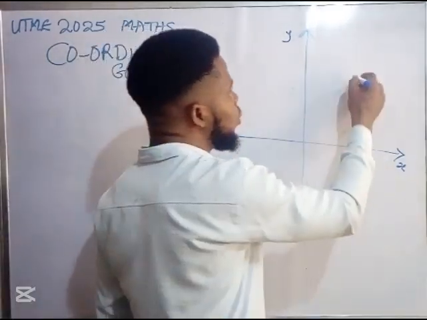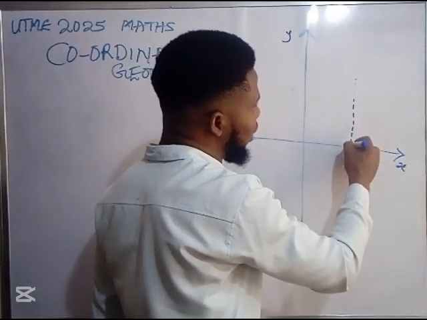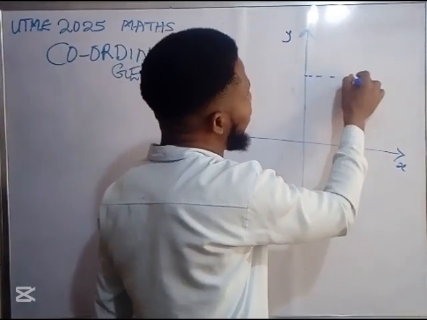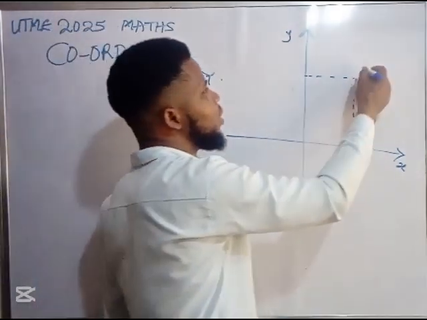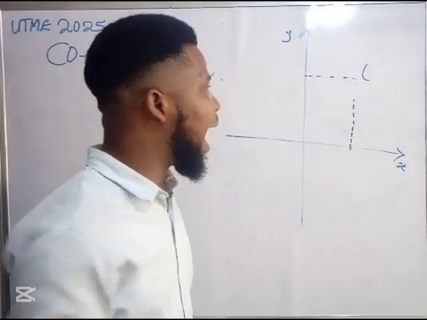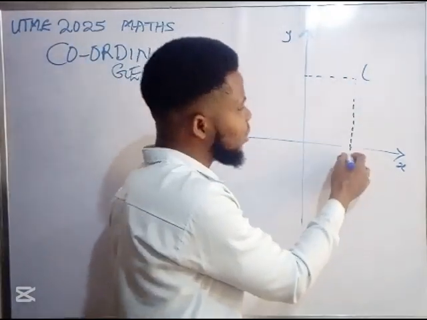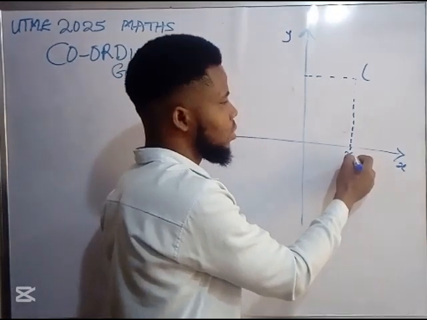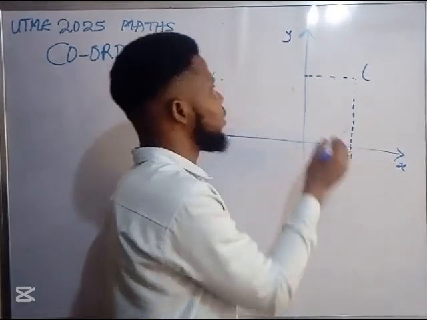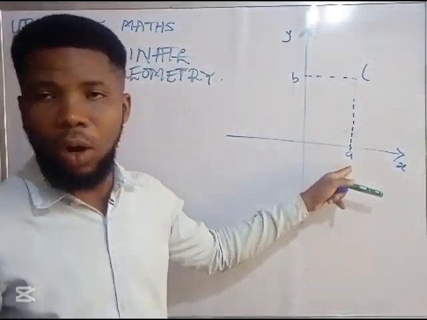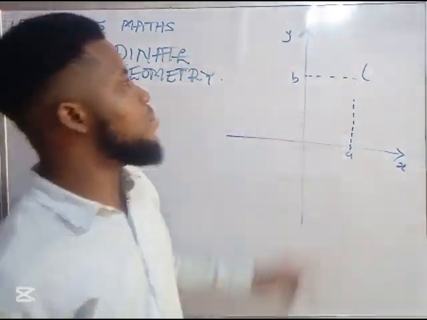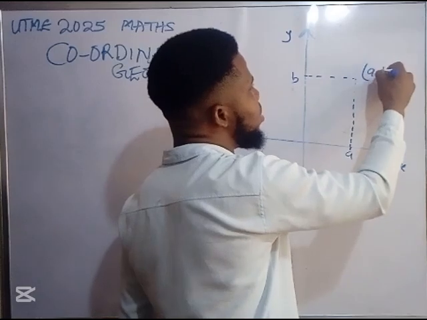Since you can trace it to the horizontal, I can also trace this point to the vertical, then we can say that this point is located at, first of all, the x axis. Let's call this one a, and let's call this one b. So it can be located at a, comma b, right? So this is a, comma b.